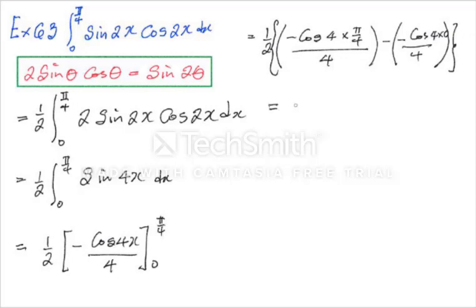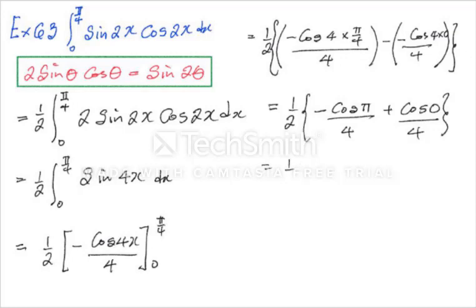So now I have a half, and I have minus the cosine of pi over 4, the 4 is cancelled, minus minus, which is plus the cosine of 0 over 4.